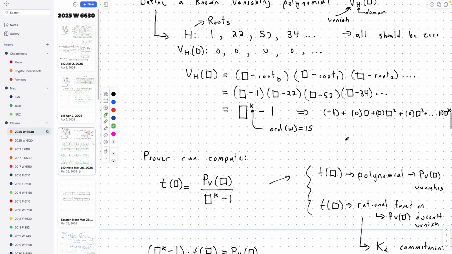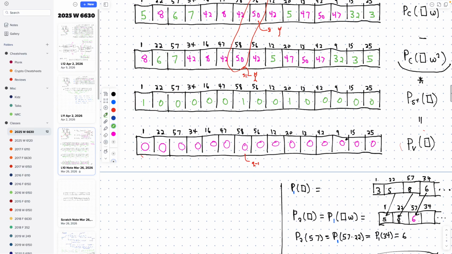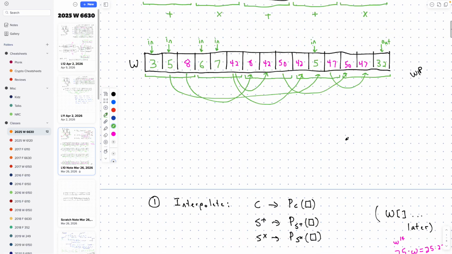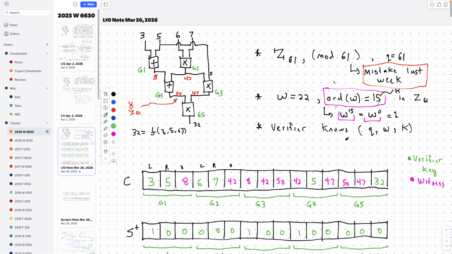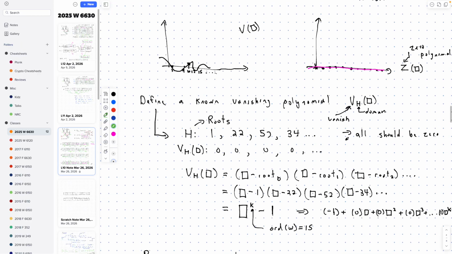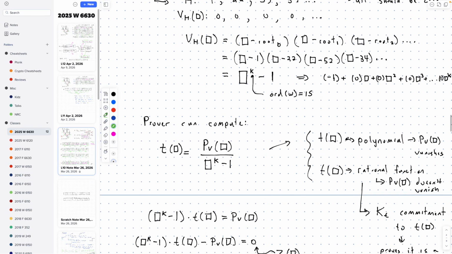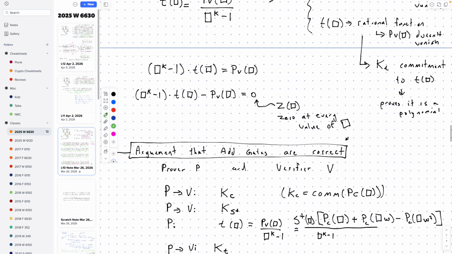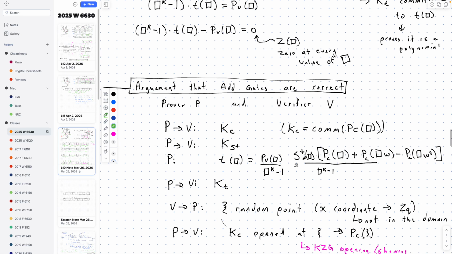So this top thing here was the thing that needs to vanish.